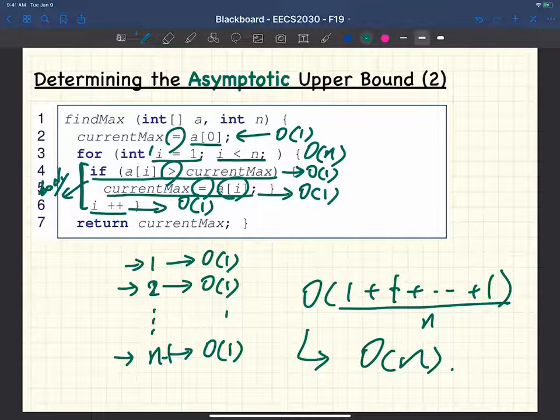Yes, questions? So if it's like two loops, like a nested for loop, would it be n to the power of two? Good question. Will a nested loop always give you n squared? No, not really. I'll give you one example right away. It's a very important question. I didn't expect this early, but I'll talk about it anyway.